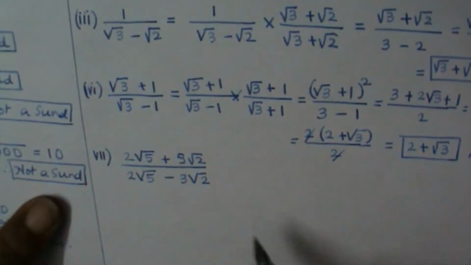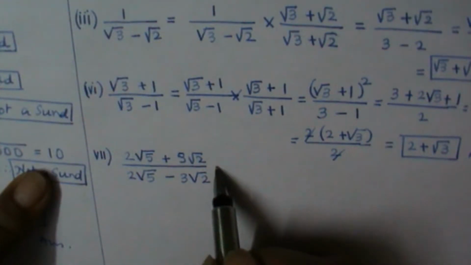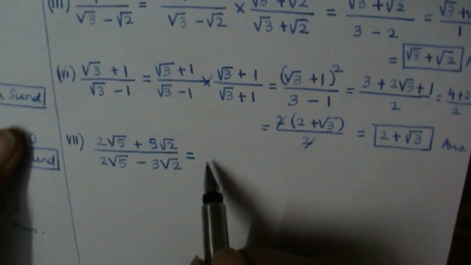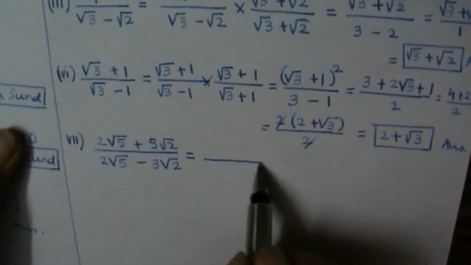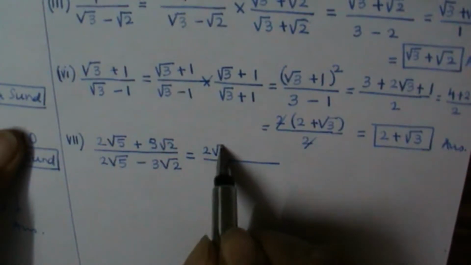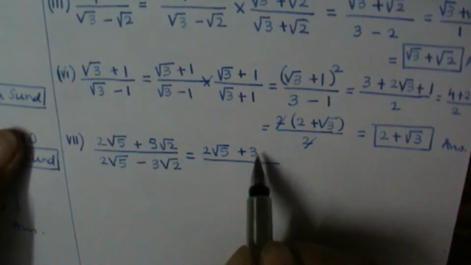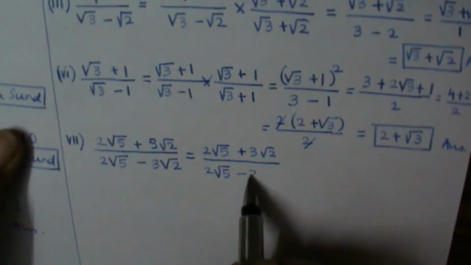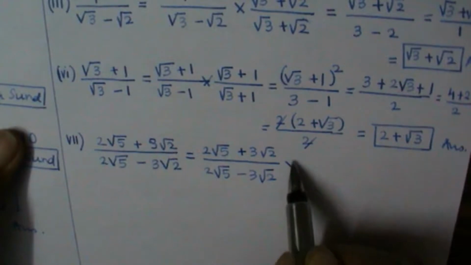Now let us come to this. This by and large can be a little confusing, but not if you keep your mind alert. 2 root 5 plus 3 root 2 upon 2 root 5 minus 3 root 2.